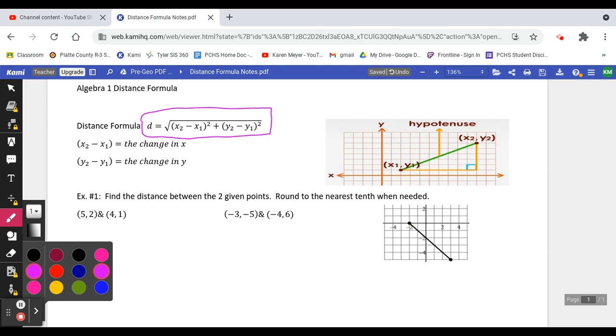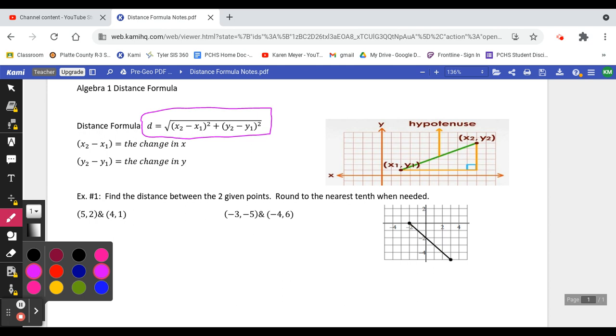And then under your square root, in the first parentheses, you have x2 minus x1, quantity squared, so power of 2. Plus, in your second parentheses, you have y2 minus y1, and then quantity squared, or power of 2.